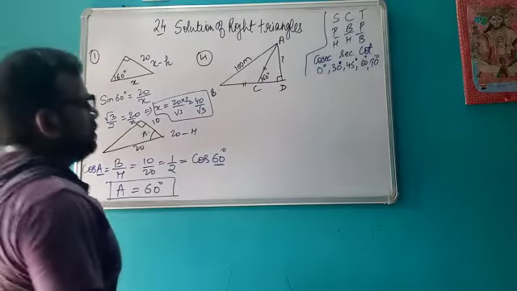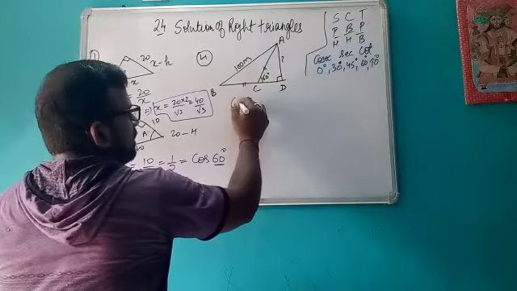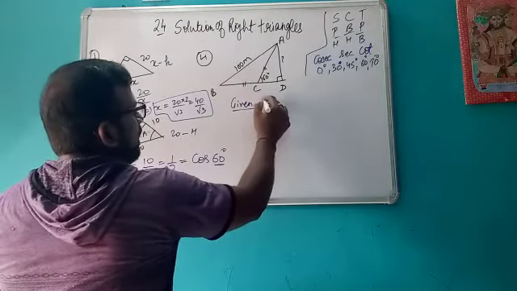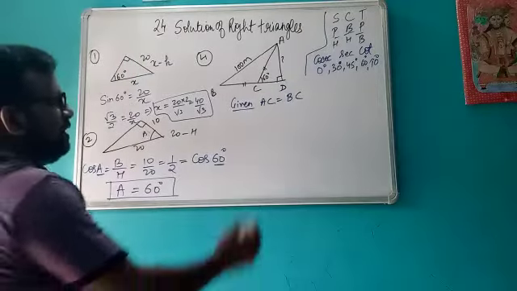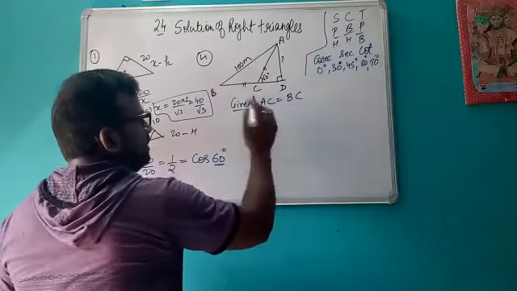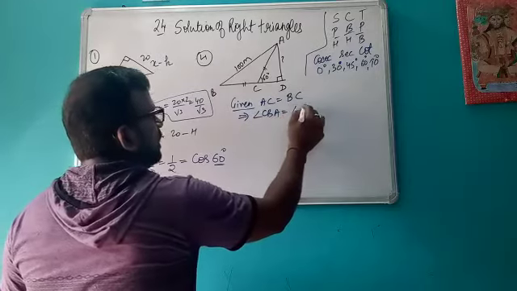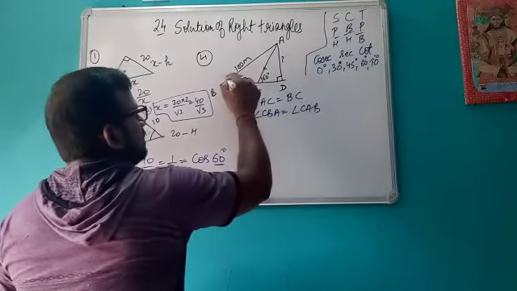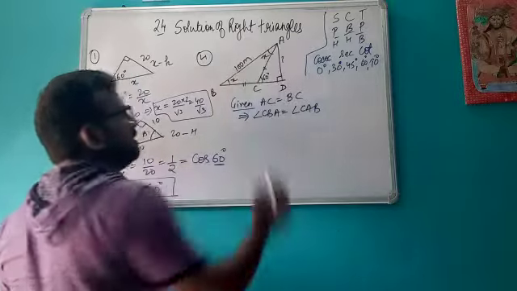What is given in this is AC equal to BC. So since AC is equal to BC, we can say that angle CBA is equal to angle CAB. This angle will be equal to this angle. Let these two angles equal x.